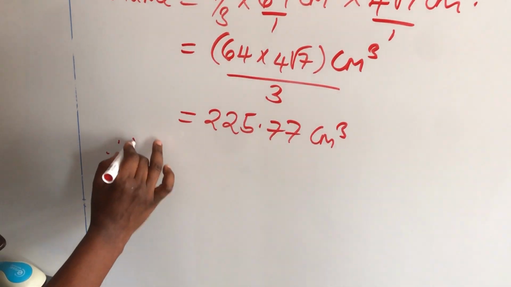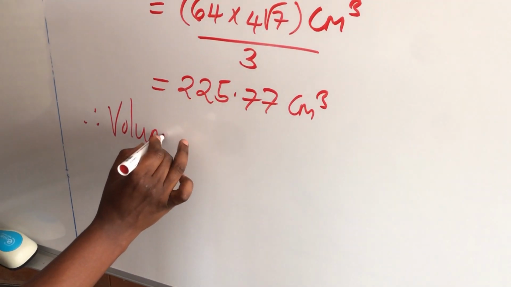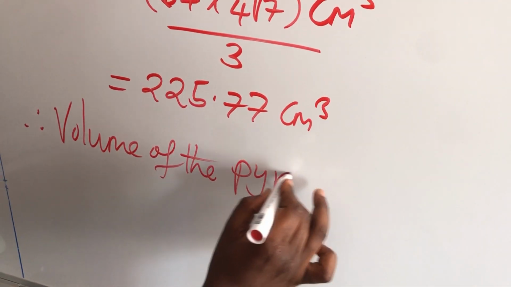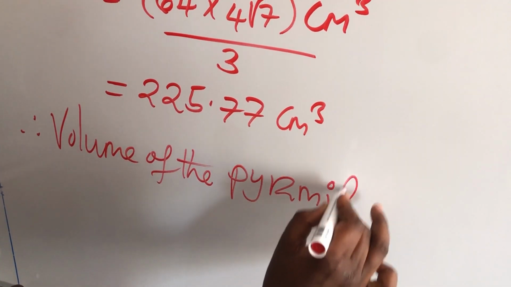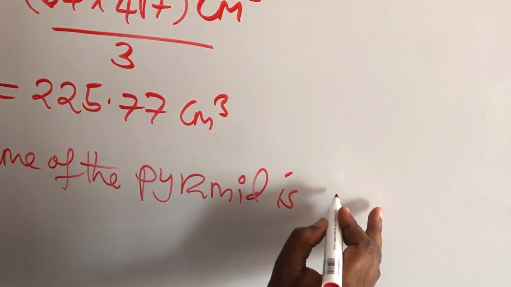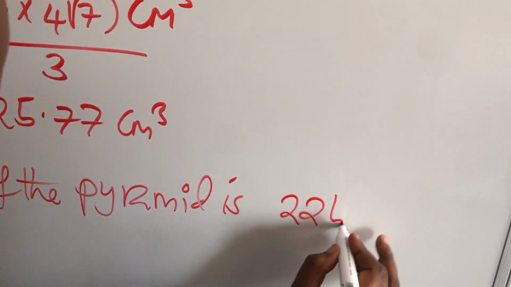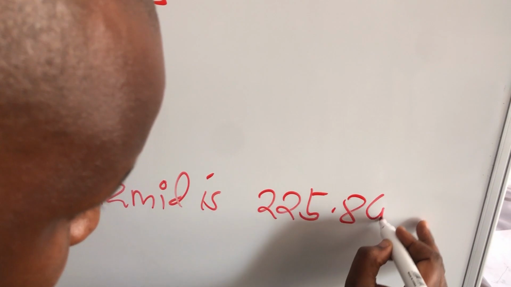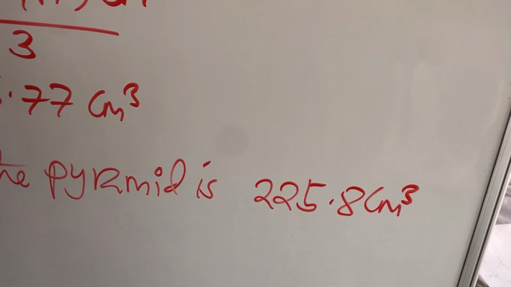So therefore the volume of the pyramid is 225.8 centimeter cubic, approximately.